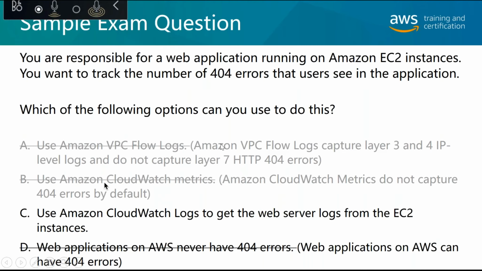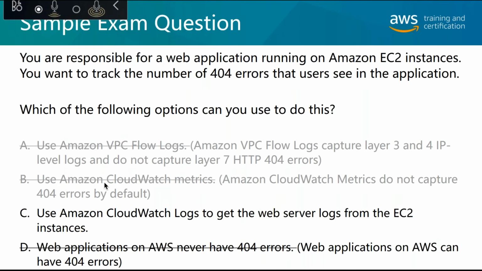So VPC flow logs is not a good answer because flow logs capture layer 3 and 4 level logs, they don't capture layer 7. And metrics, well, this is not a metric per se, right? Metrics would be like CPU, that would be a metric. Memory, even though it's not out of the box, would be a metric.